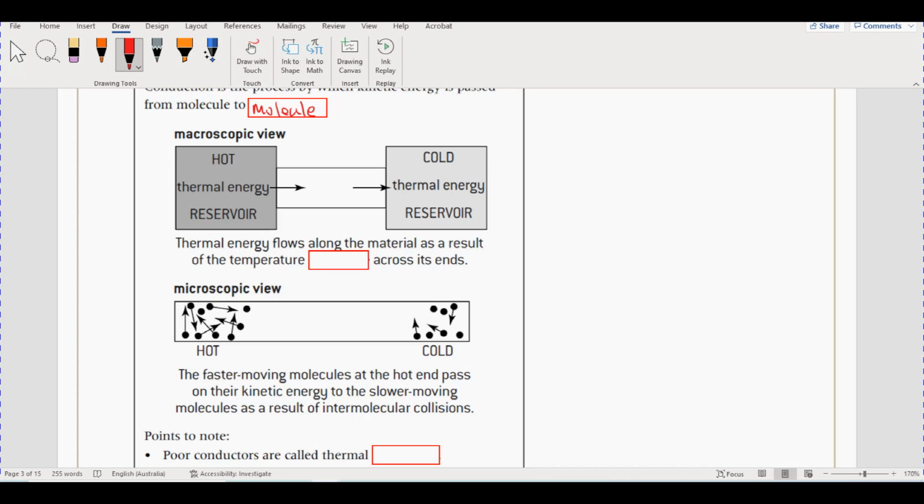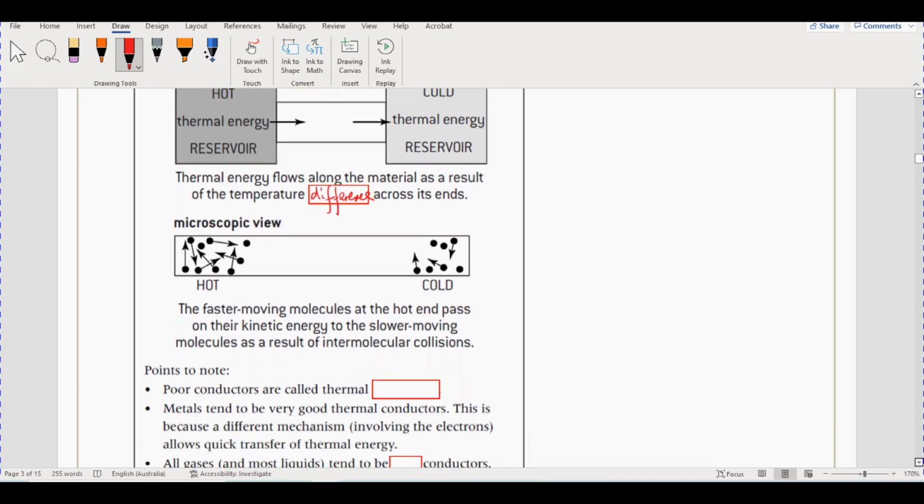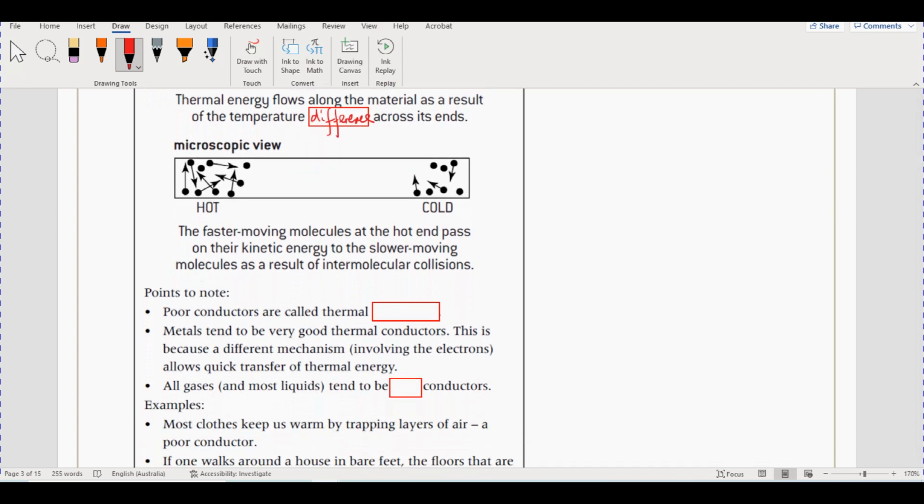Understand that thermal energy flows along the material as a result of a temperature difference. Hot to cold is the temperature difference, what we call delta T. But if we look at the much more microscopic view, you'll see at the hot end the molecules move randomly but at a much greater speed.